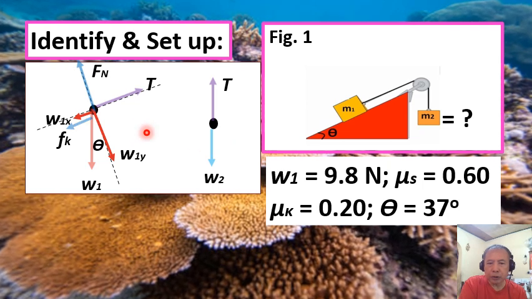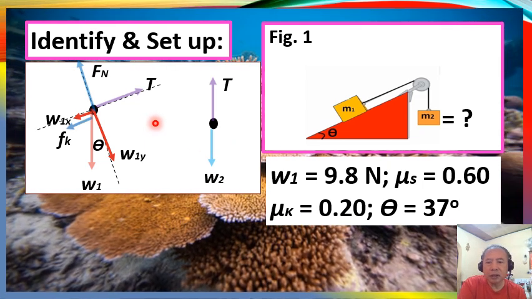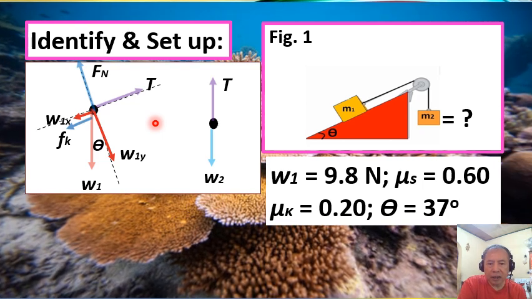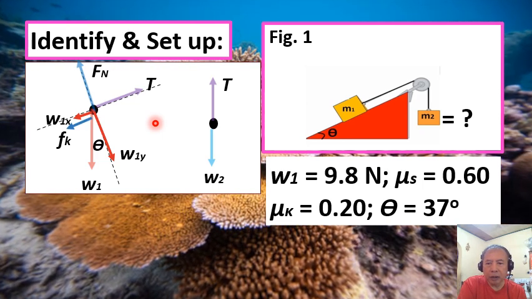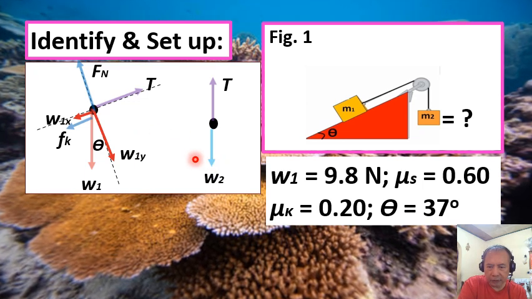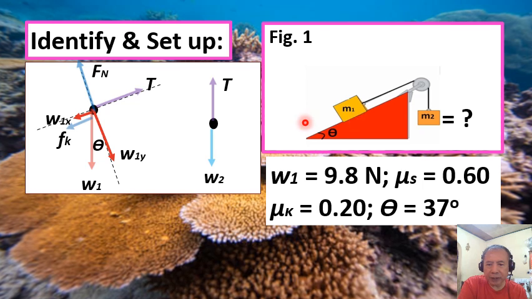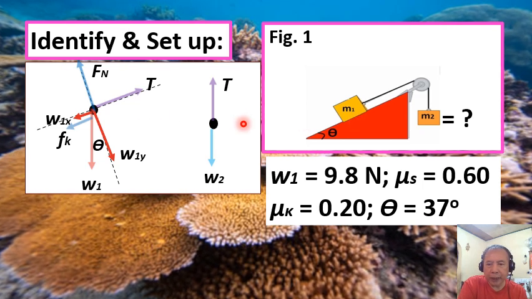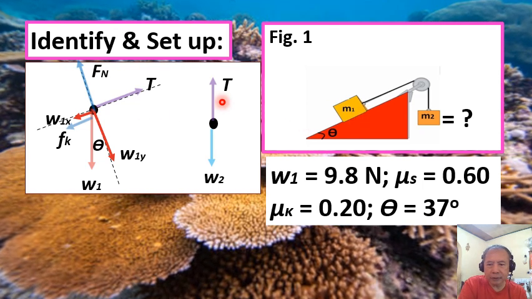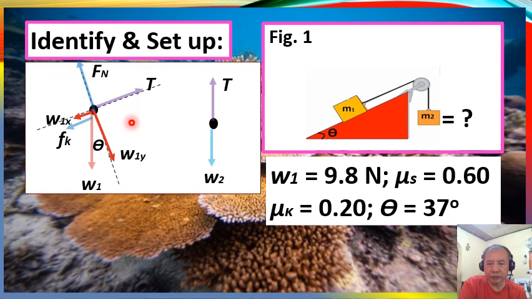So, in case A, when the system, or the mass m1, is moving up the incline, there is a force of kinetic friction.